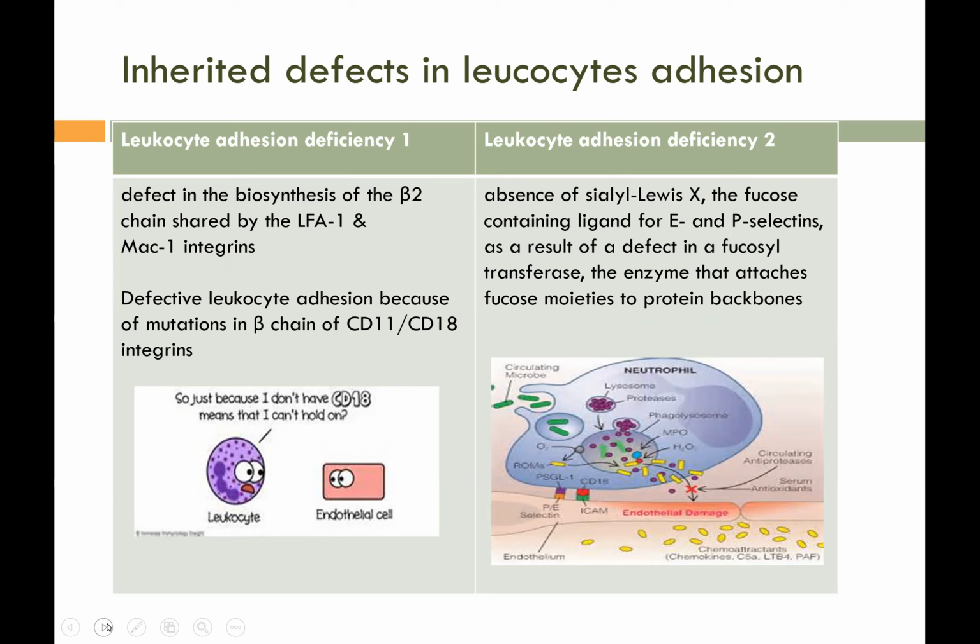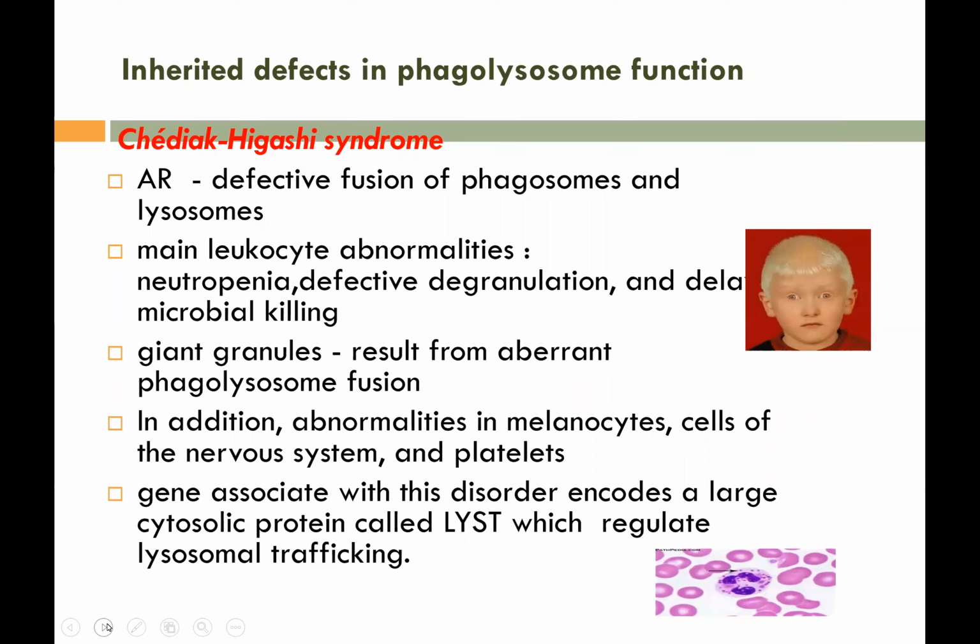Of course, for type 1, you have the beta 2 chain shared by your integrins, and the other one would be your type 2, which is the absence of adhesion molecules, Sialyl-Lewis X. So, do not forget, two types. The problem is defect in leukocyte adhesion, innate immunity.